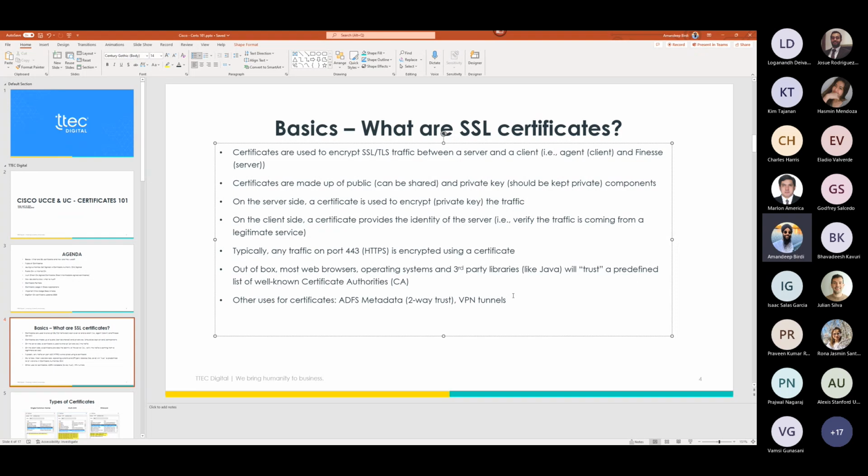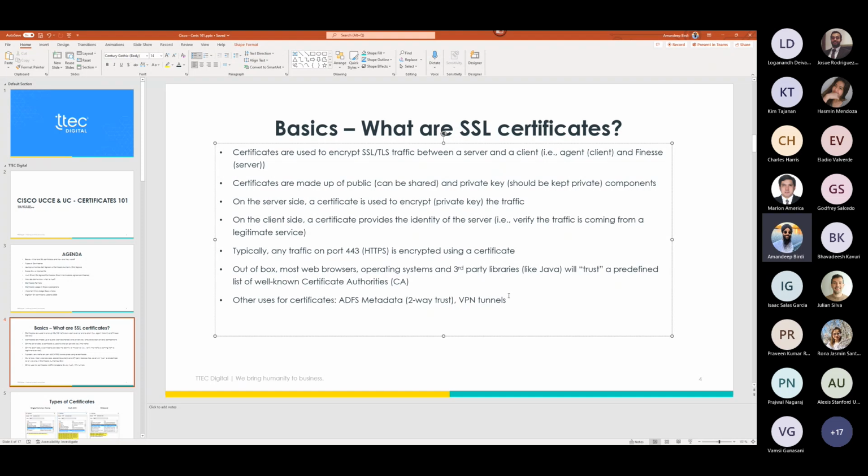VPN tunnels is another example. Our eLoyalty VPN, we have a cert that was recently renewed, actually. Again, you're using a cert to basically make sure that number one, the traffic is encrypted, and number two, to ensure that you're not being scammed, for example.